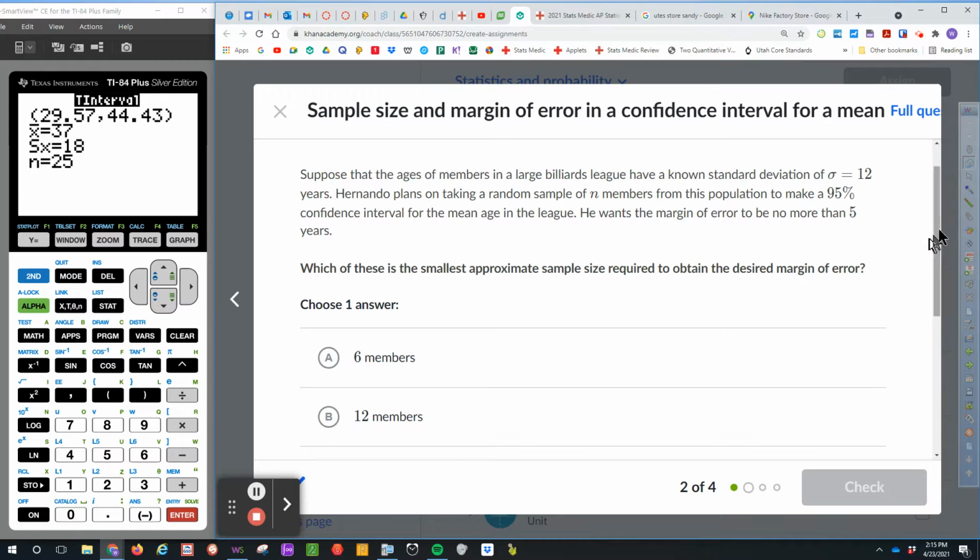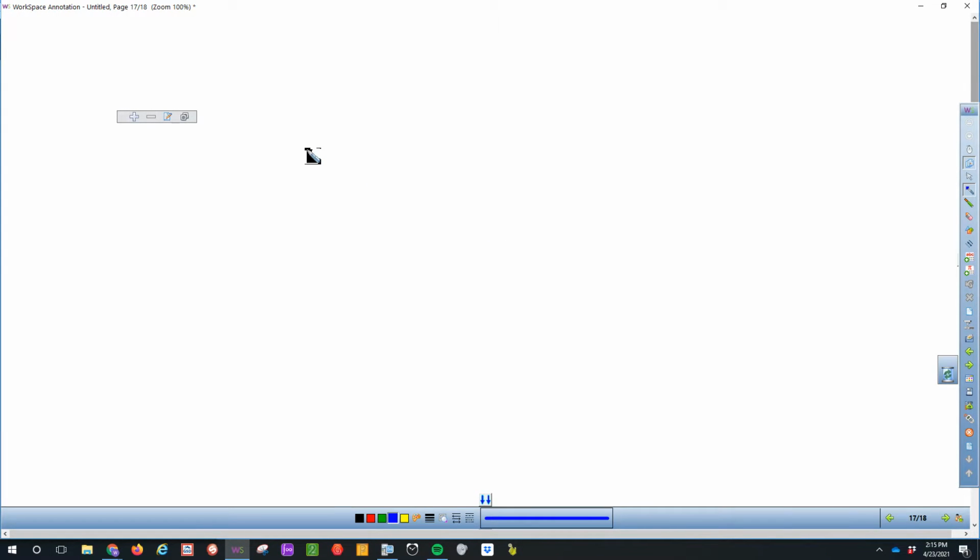Before we attempt the questions, there's something that I wanted to talk about. The margin of error. Let's write the confidence interval. So the t interval, how does it look?